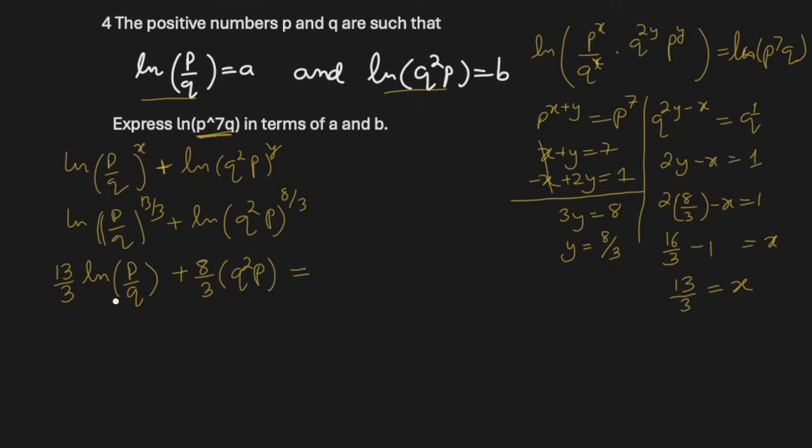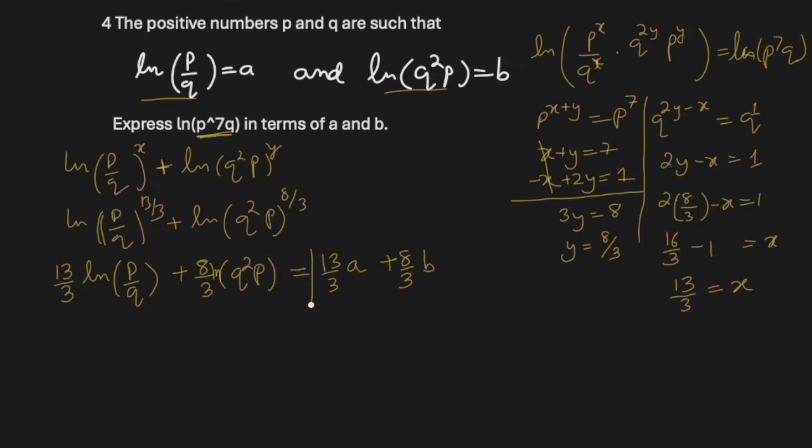Now we can write it equal to 13 over 3, natural log of p over q is a, and 8 over 3, natural log of q squared p is b.